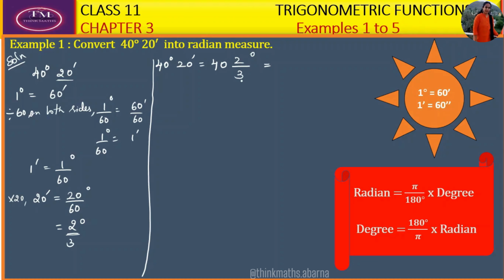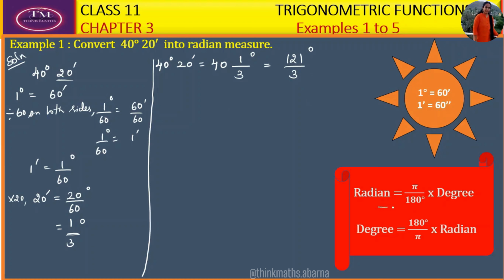So 40 into 3 is 120, plus 2 is 122... I'm sorry, here it is 20 by 60. 20 by 60 is 1 by 3, since 20 ones are 20, 20 threes are 60. So it is 1 by 3. So 40 1 by 3. Now this is in mixed fraction. We will convert this to an improper fraction. So it is 40 into 3, it is 120. 120 plus 1 is 121 divided by 3 degree. So we have converted into a proper degree value.